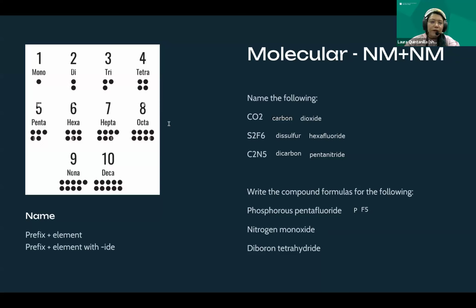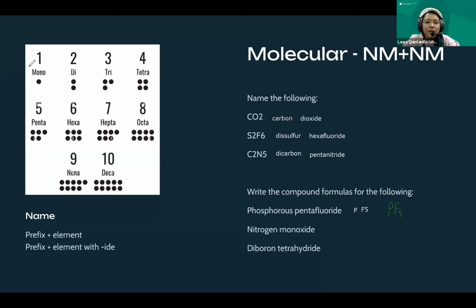And just so you're aware, those should be subscript numbers. It should look like P and then a small 5 here. I'm just not going to format that right now.